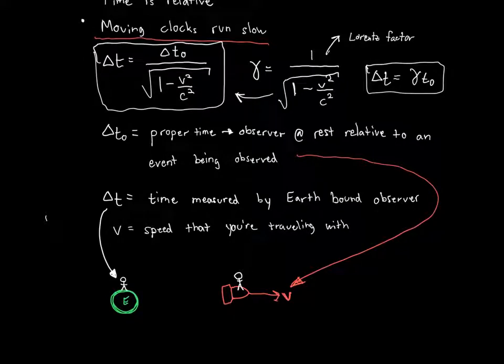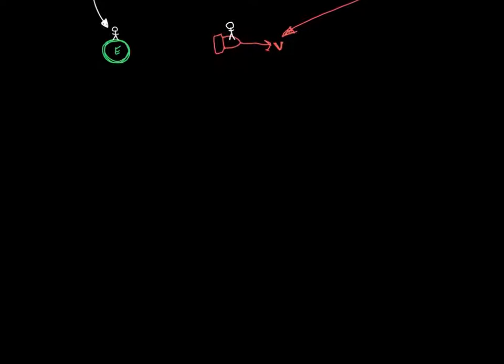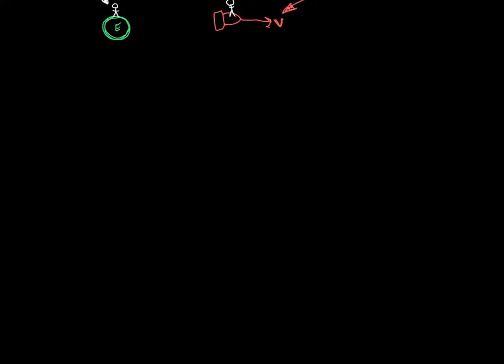So we know that a moving clock runs slow due to time dilation, and this is a side effect of special relativity. There's other side effects of special relativity too. Another side effect we have is something called length contraction.